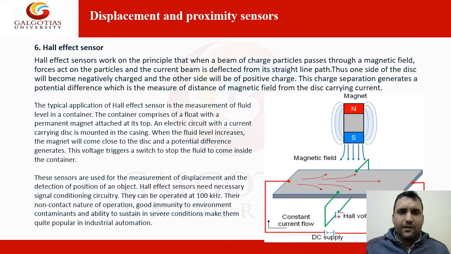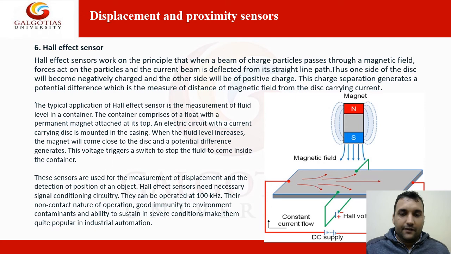So this type of sensor is used, as we have already seen in the last video, in the measurement of oil level in the car engine and car diesel tank. So these sensors are used for measurement of displacement and detection of position of objects.